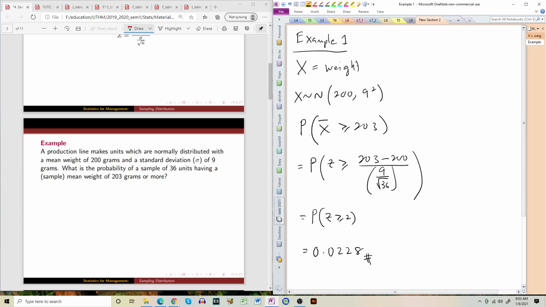When we consider a sample, try to use this method.